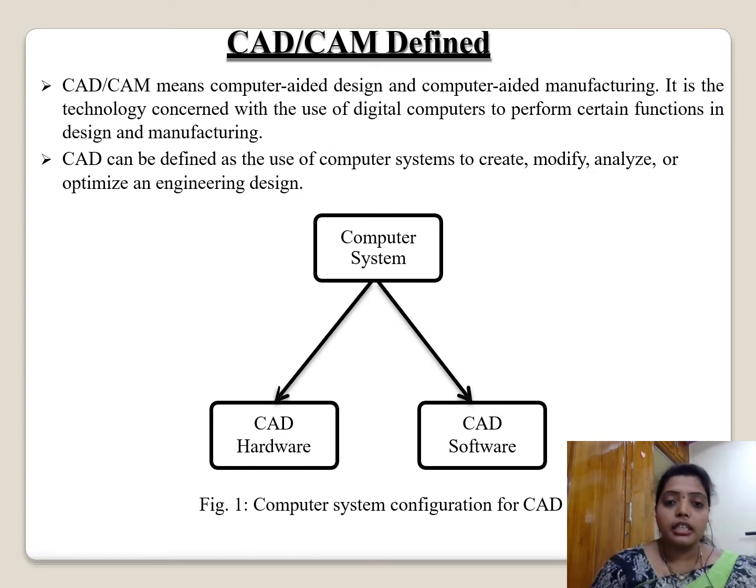Now let us see the definition of CAD. CAD can be defined as the use of computer systems to create, modify, analyze or optimize an engineering design. To create a CAD design there are mainly four steps. First is to create an object, and create that object as required by the customer.